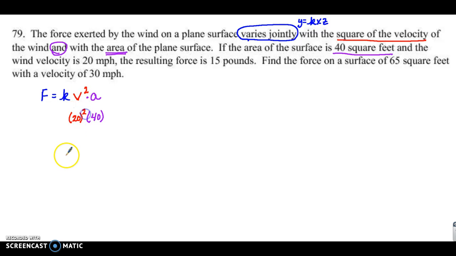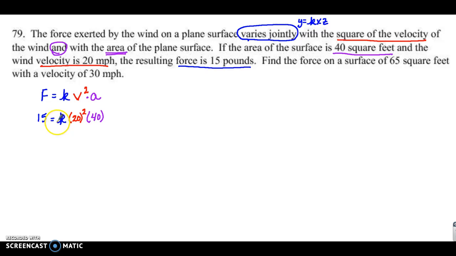And I'm going to square that 20, and multiply it times K. And they tell me that the resulting force is 15 pounds. The resulting force is 15 pounds. So I want my 15 to go here.